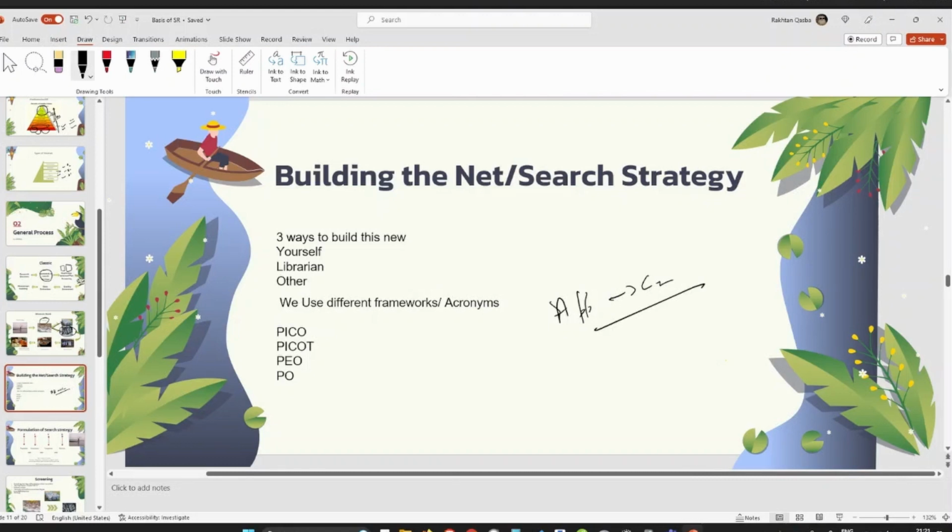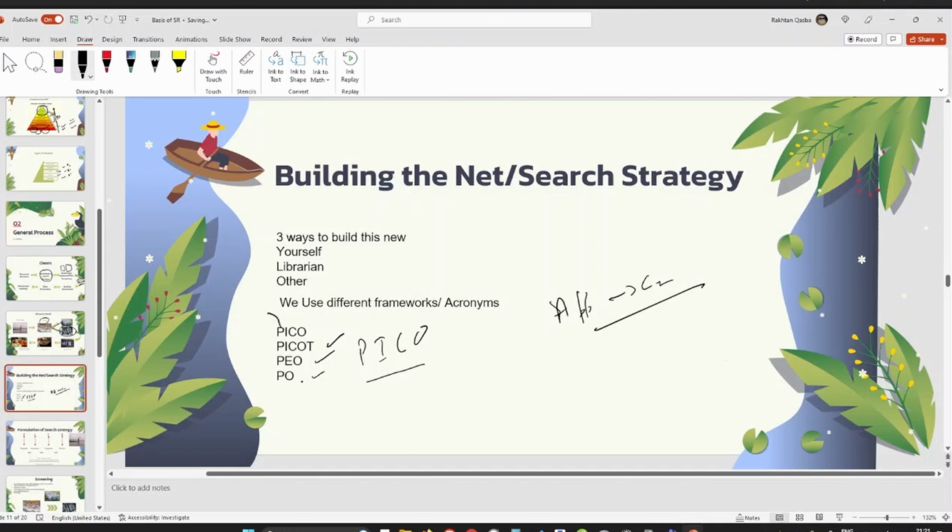Whatever research question you have, the librarians ask us to put that question in a framework. There are different kinds of frameworks out there, for example PICO, PEO, and PO. What do these stand for?